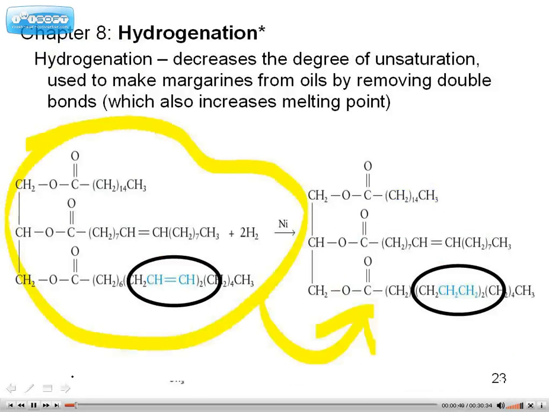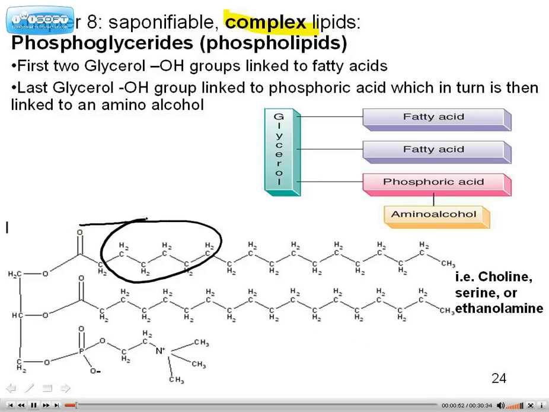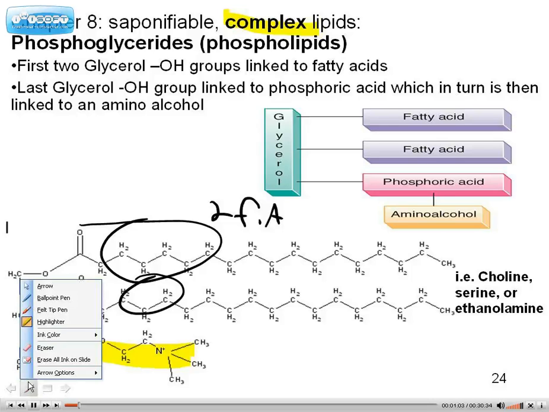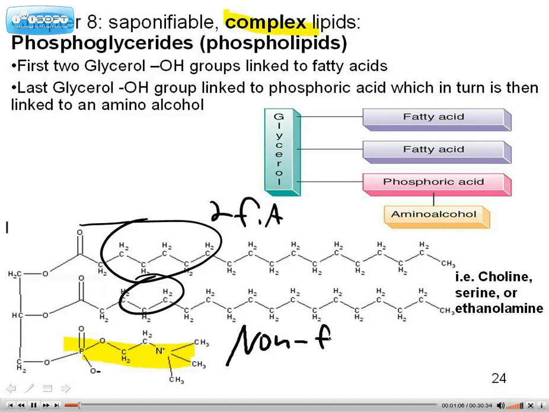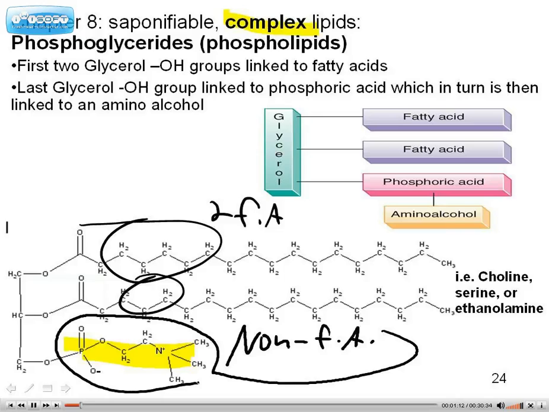Compare this picture now, where although we do have 2 fatty acids, we have a brand new 3rd type of non-fatty acid. This non-fatty acid can be some other type of molecule. In this case, in the categorization of phosphoglycerides, 2 of them are fatty acids, and then the 3rd tail is actually going to be a phosphate derivative.